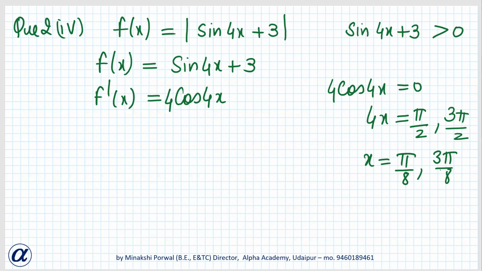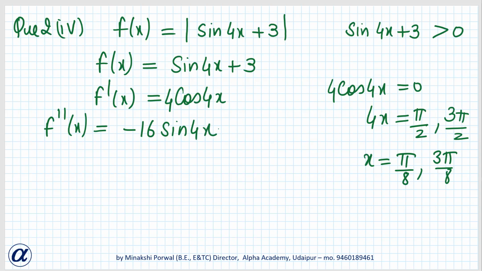Okay. Now f double dash x. f double dash x will be minus 16 sine 4x. Give me 1 minute. Okay.